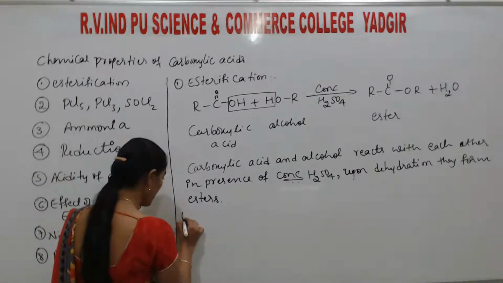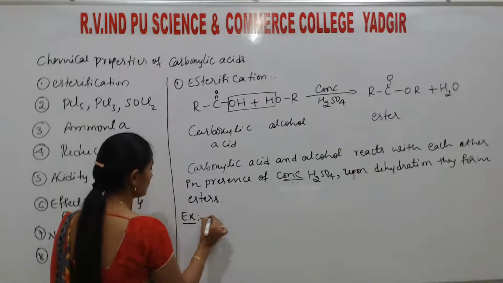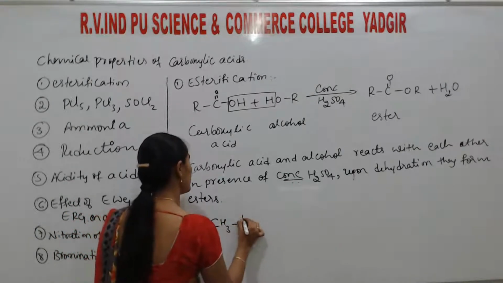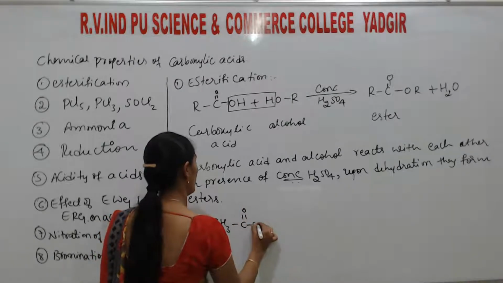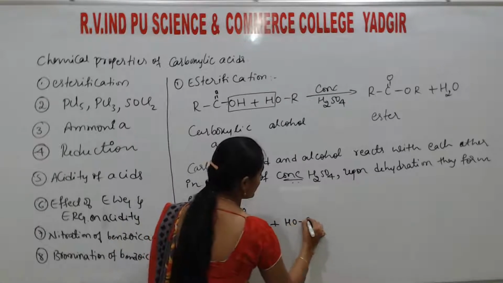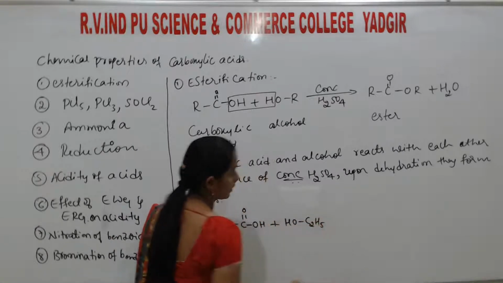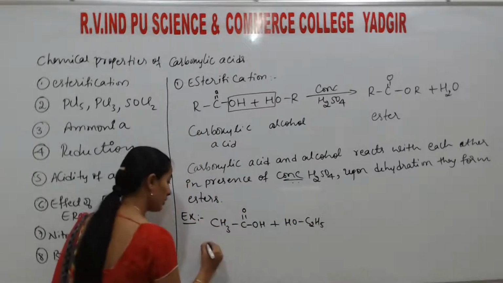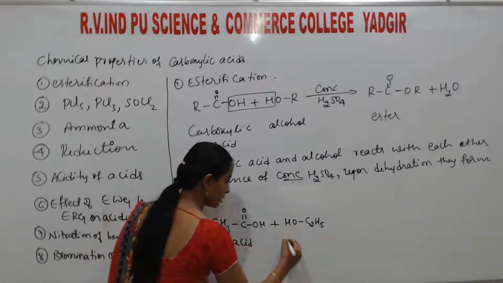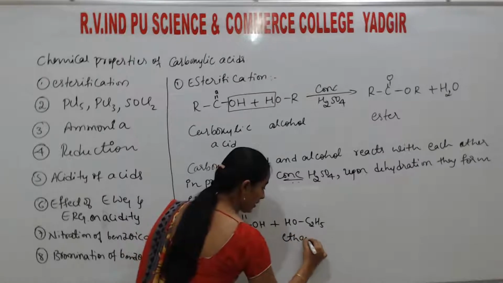If you want to take an example, I'll take acetic acid, that is CH3, C double bond O, OH, and ethanol, that is C2H5OH. This one is acetic acid, this one is ethanol.